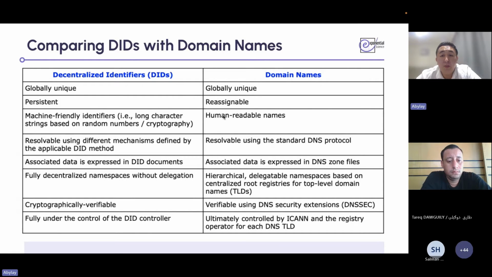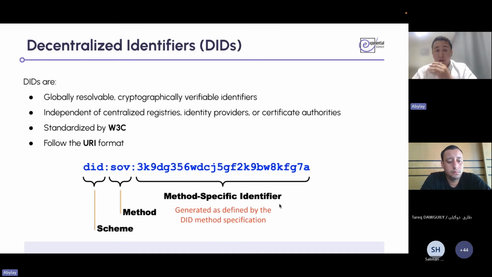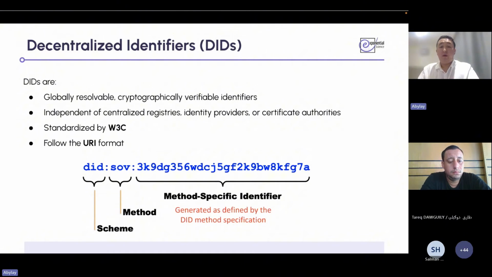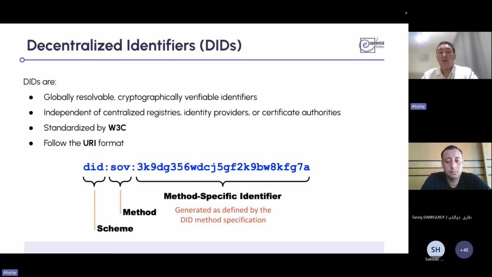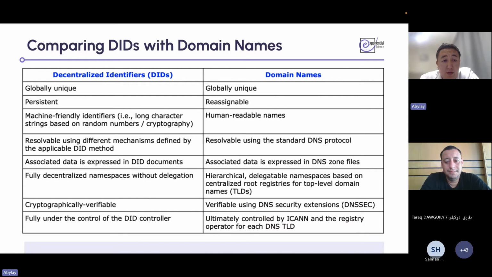Domain names are reassignable. DIDs are machine-friendly identifiers. As you can see, you cannot use this to identify yourself. Technology-wise, it's independent of centralized registries. It's globally resolved, but it's for machines, not for humans to use directly. So they are both resolvable.